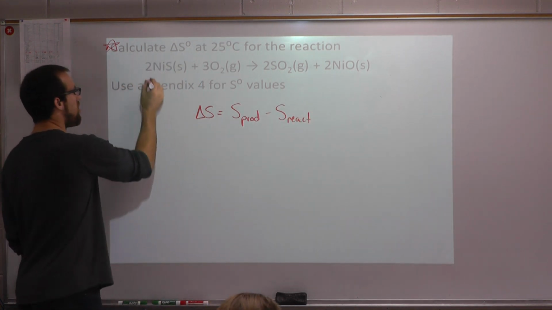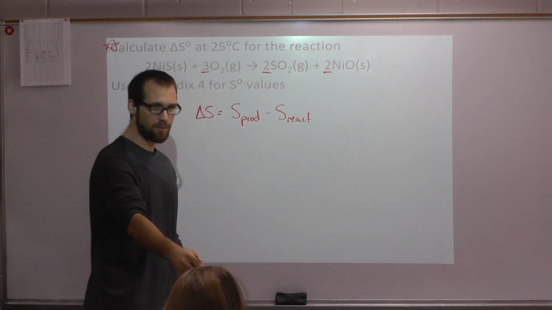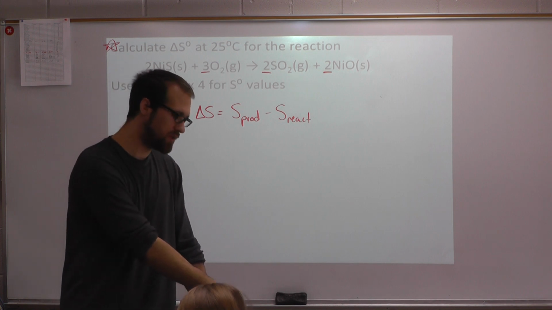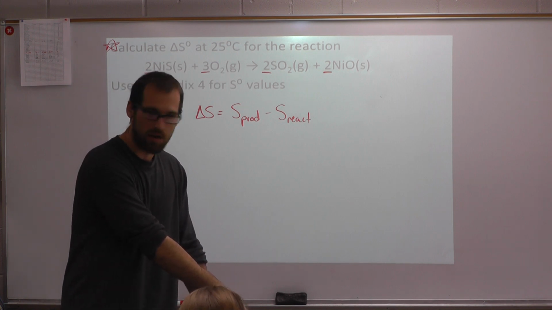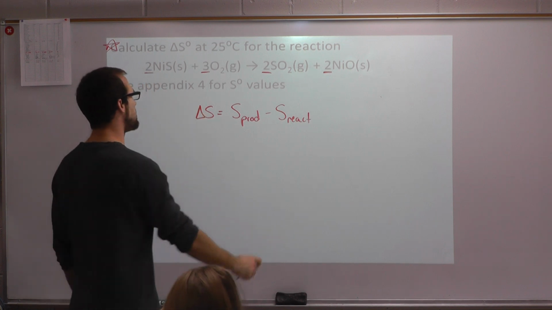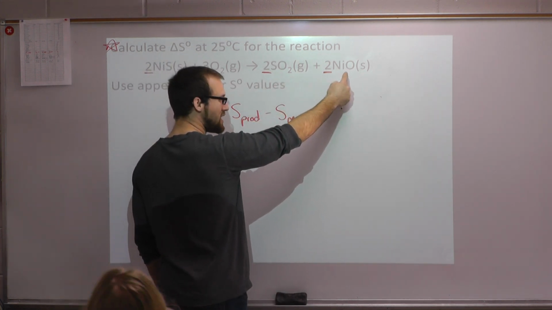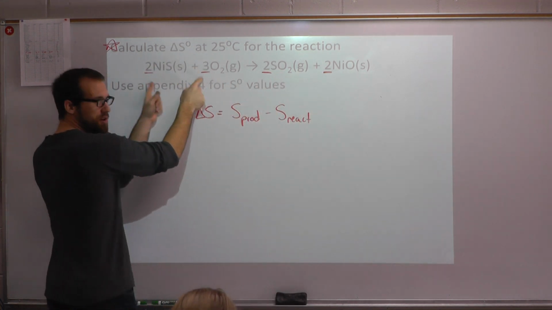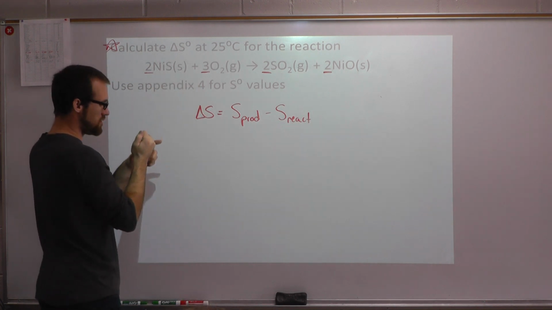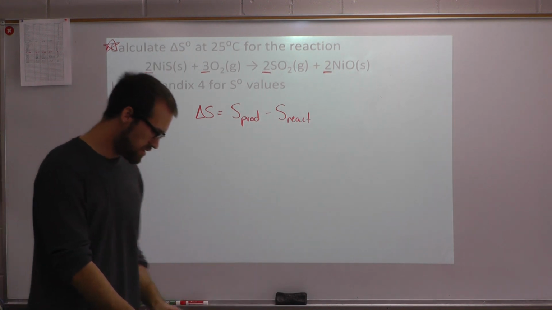Okay? Also, why are these important to multiply by the S? Because the numbers in here are per what? Look at the units for the S. Per 1 mole. So if I have more than 1 mole, I need to multiply by the coefficient. So you're going to take 2 times the S of that, plus 2 times the S of this, minus your reactants. Okay, why don't you do that? And I'll give you the answer.